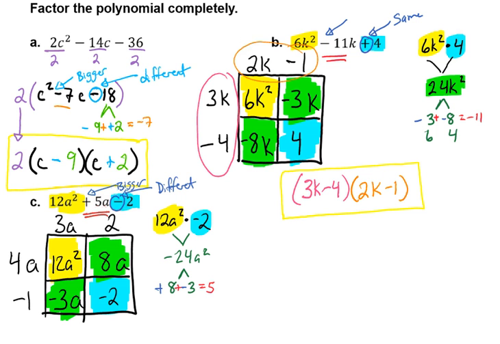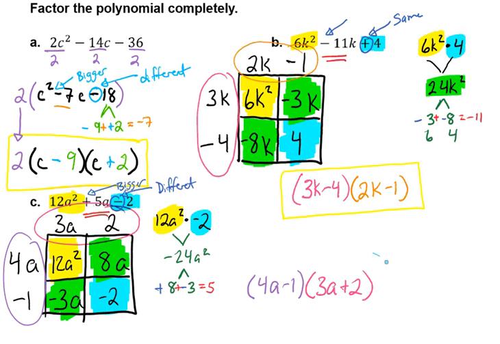And now I'm ready to write down my factors. So one of my factors is going to be 4a minus 1, and one of my factors is going to be 3a plus 2. And it doesn't matter the order that I write those in. I could have even put the pink one first, the 3a plus 2 first, and the 4a minus 1 second, and still gotten the same answer.